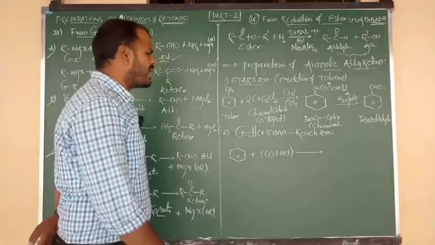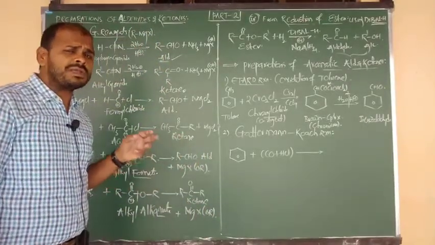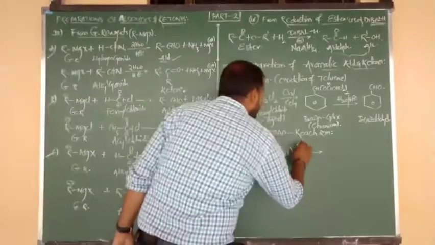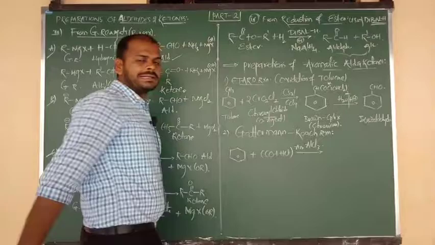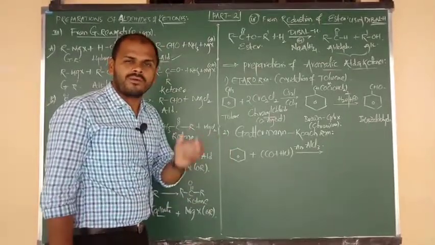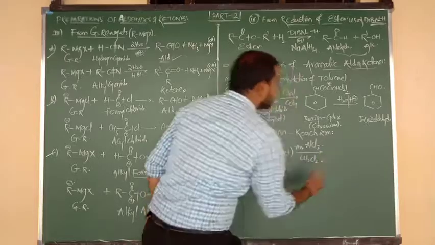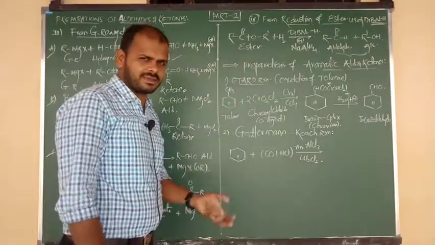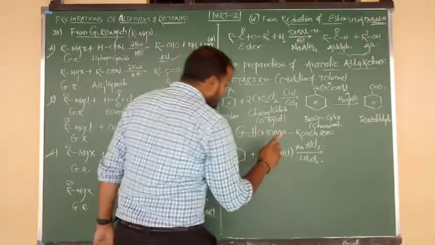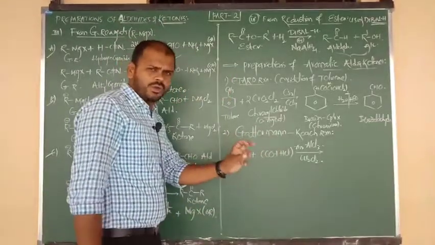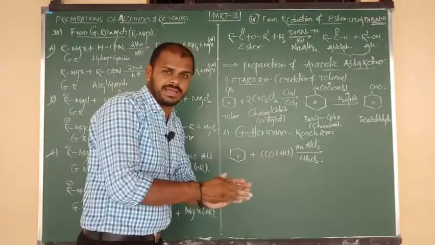The Gattermann-Koch reaction takes place in presence of a supporting catalyst, nothing but anhydrous AlCl3, and also we consider here a trace amount of cuprous chloride, Cu2Cl2. A little bit of amount can be added just to enhance the rate of reaction. Good. Listen carefully. First of all, this reaction takes place between CO and HCl.